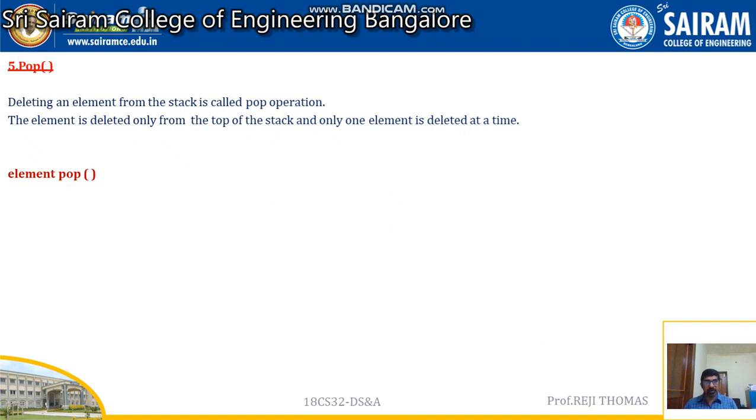The element is a type which we have created using typedef struct. Please recall the previous slide. We wrote typedef struct, with a brace inside, closed the brace, then wrote element. The element is the type which we have created. So this function is going to return a value of type element.